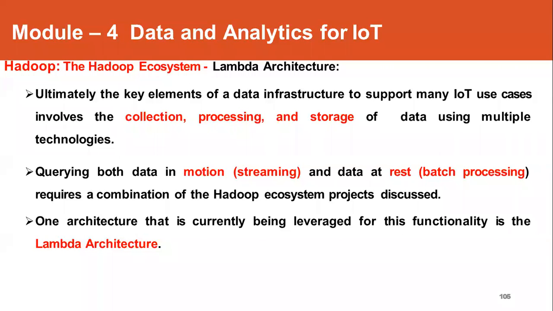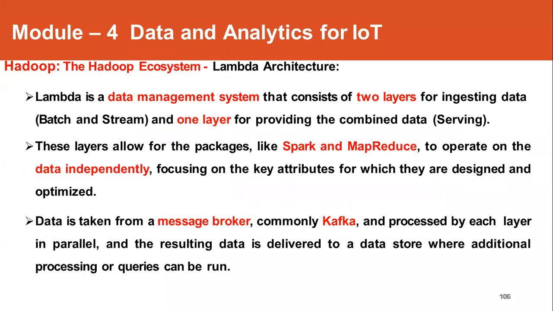So querying both kinds of data, the data that is at rest and the data that is in motion, that is the streaming data, and the ability to process both of them requires the combination of all the projects that are there in the Hadoop ecosystem. The architecture that uses all of this is the Lambda architecture.